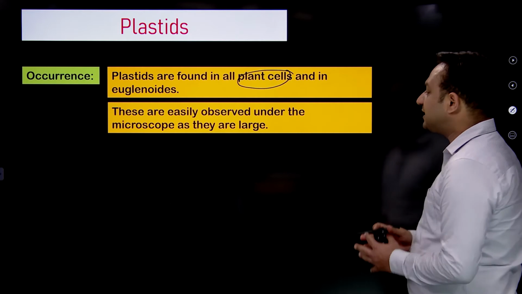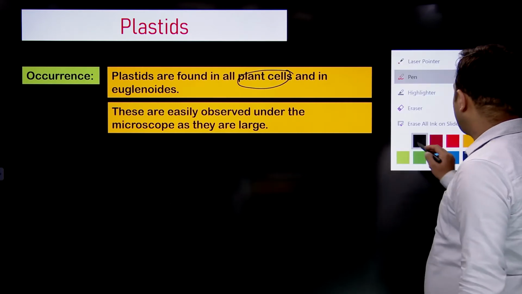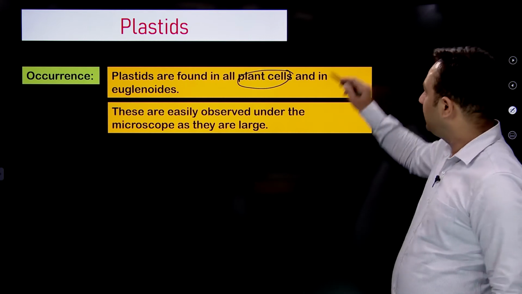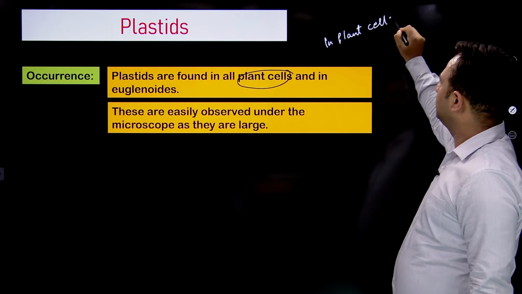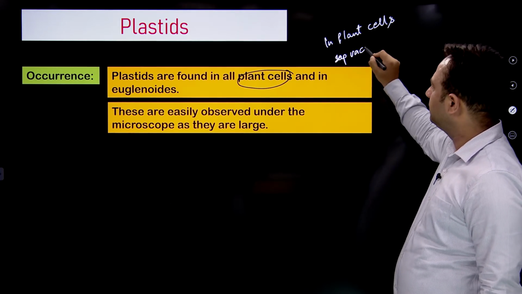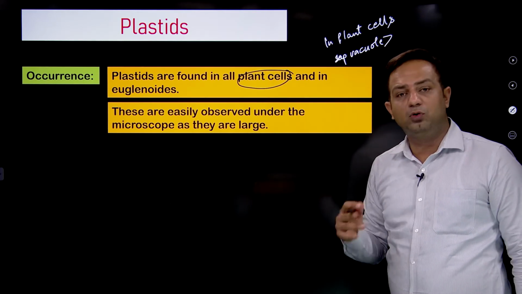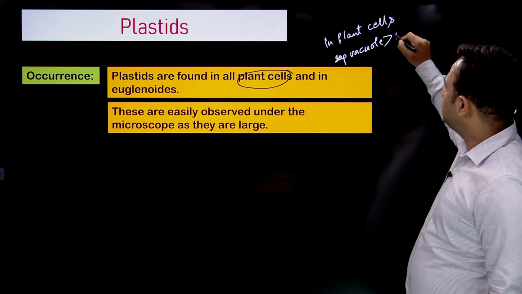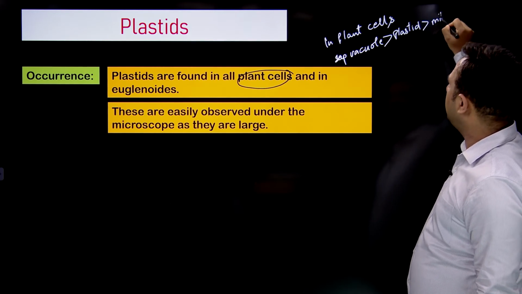These are easily observed under the microscope as they are large. In plant cells we have the sap vacuole, which occupies most of the volume. Then is the plastid, and thereafter mitochondria.